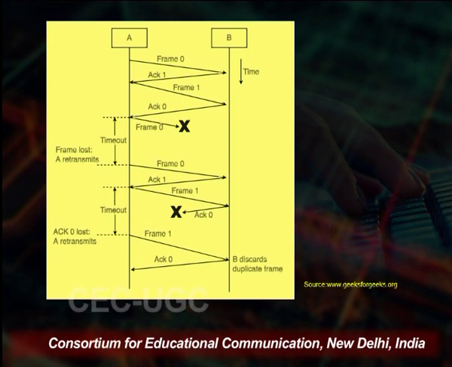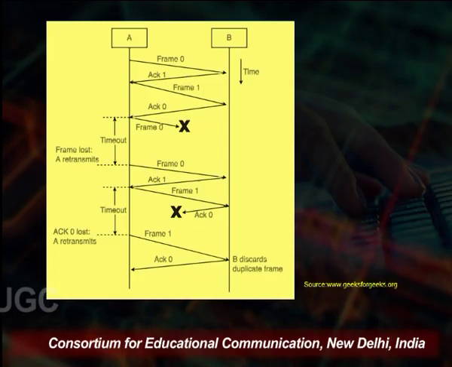Then for a particular time, A is going to wait for the acknowledgement. The acknowledgement will not come because the frame has not been received at side B. Then the frame is repeated, the acknowledgement comes up, and then the next frame is sent. Now, the next cross shows that the acknowledgement is not received at side A.